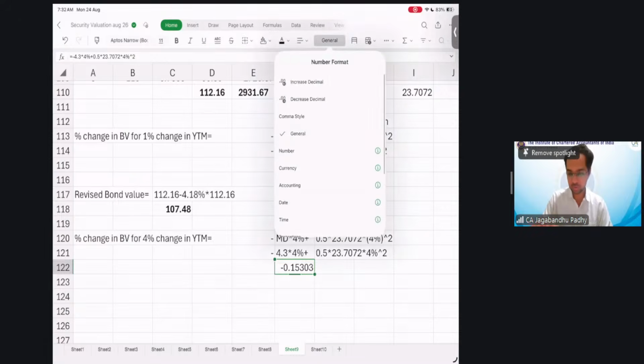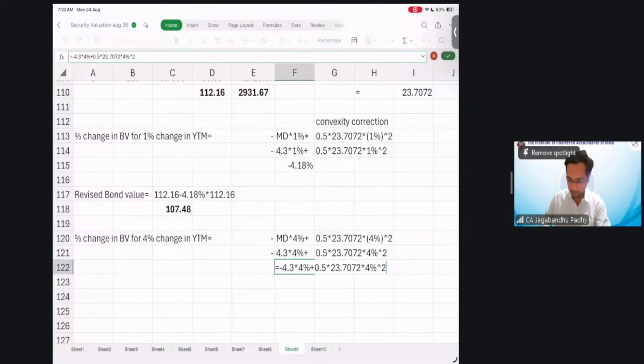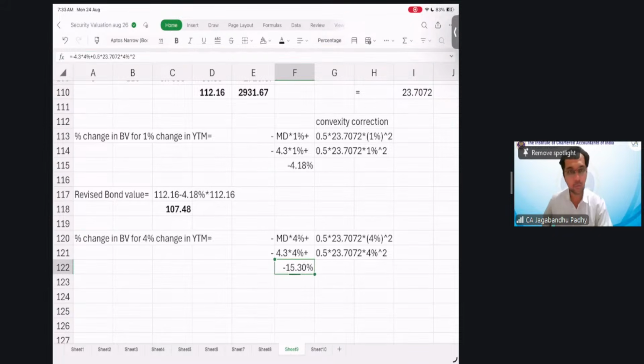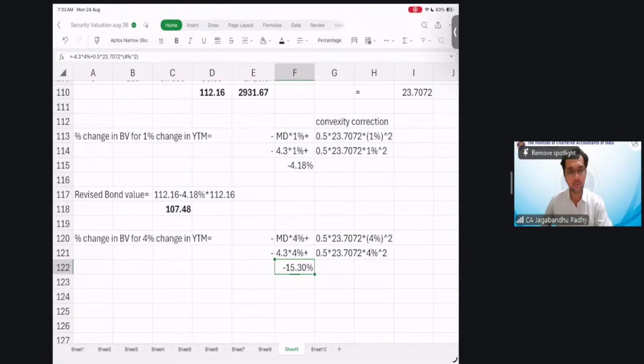This is what? 15.3%. Minus 4.3 into 4% plus half into 23.7072 into 4% square. Yeah, it's 15.3%.